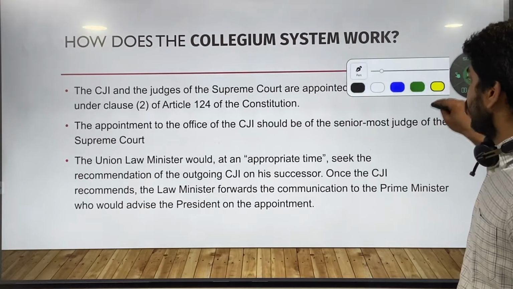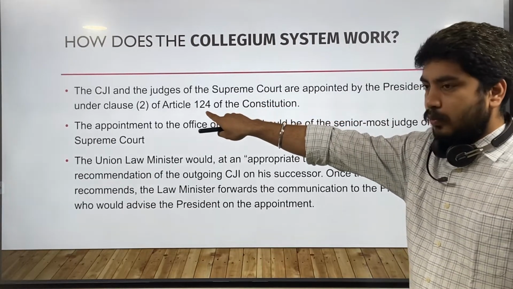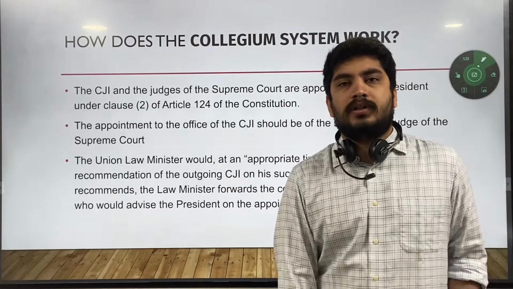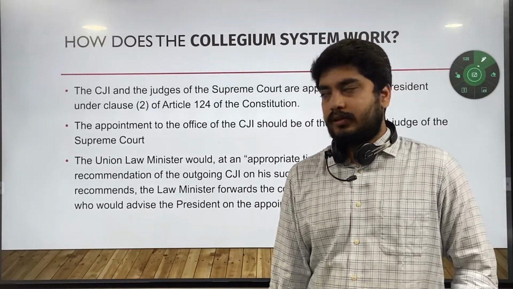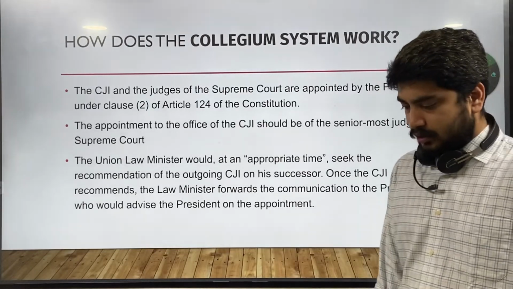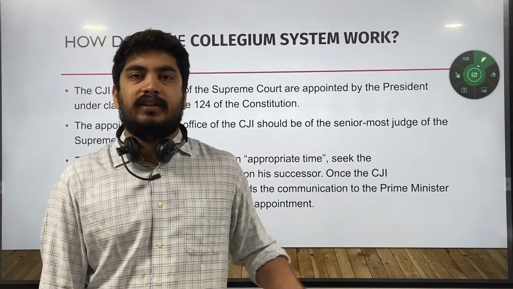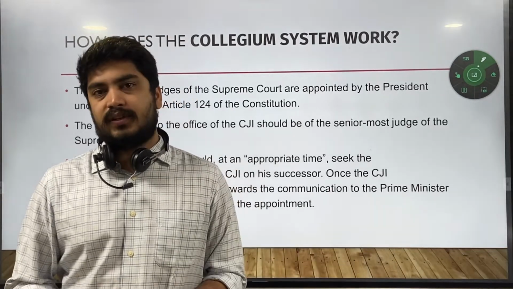So how does this collegium work? It is through Article 124 Clause 2 that the President appoints the judge to the Supreme Court. So what happens is, at the appropriate time, the Union Law Minister seeks the recommendation from the Chief Justice.